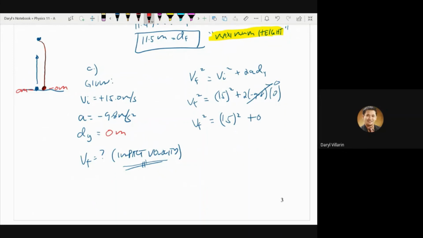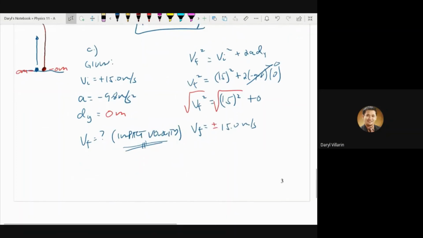So therefore, if I take the square root of both sides, VF is equal to, as I mentioned earlier, plus or minus. If you take the square root of a square, that just gives you 15 meters per second.